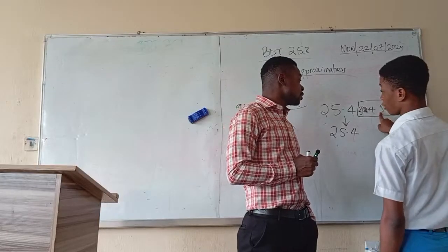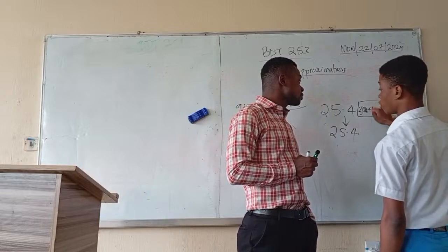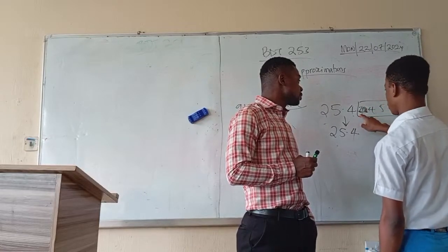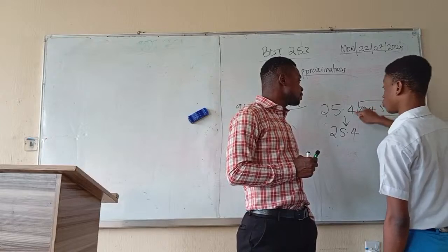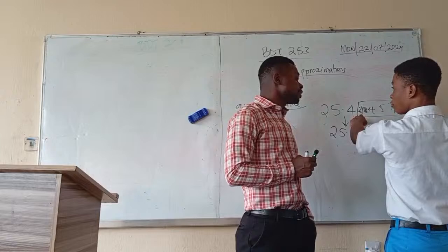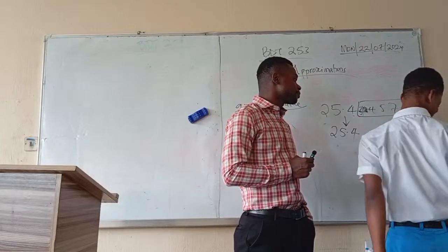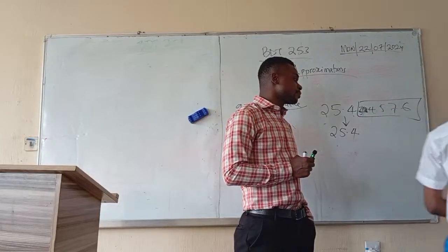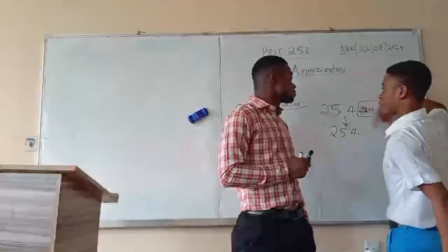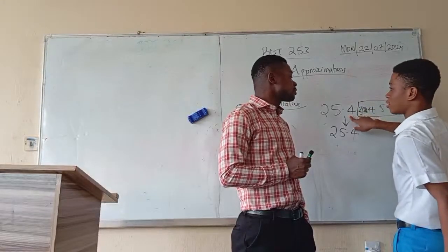You round it up to 5, and round it up again to 5. Is that the answer? Yes, so you will consider these values here before. You continue rounding until you get there.